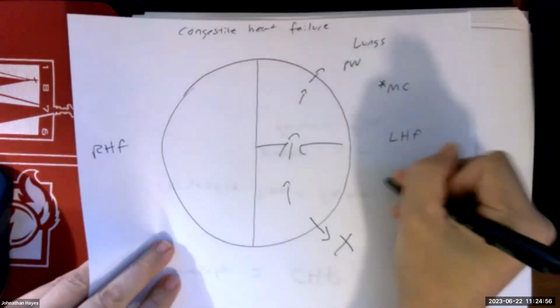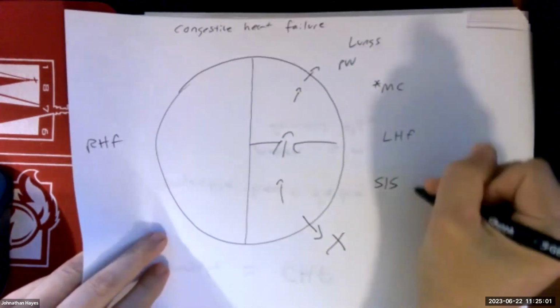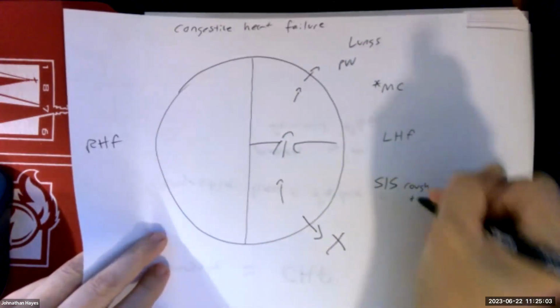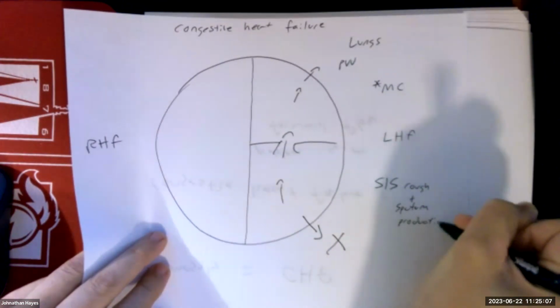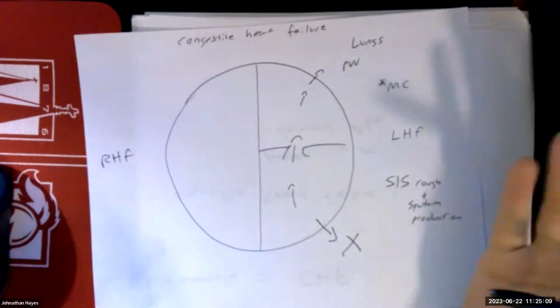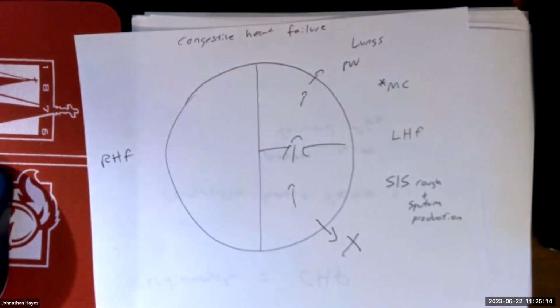So the main sign and symptom that we see with left-sided heart failure, which is the most common type, is every time you become active, you have cough and sputum production. And the sputum can be frothy, whitish, or pinkish, could have some tinged blood in it.